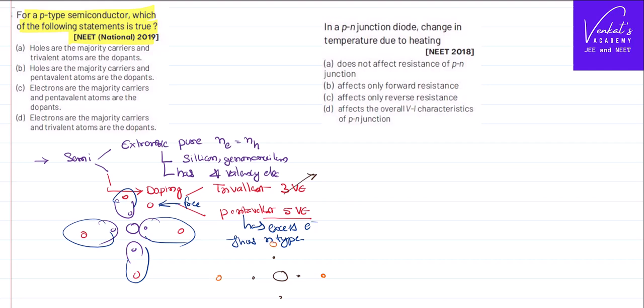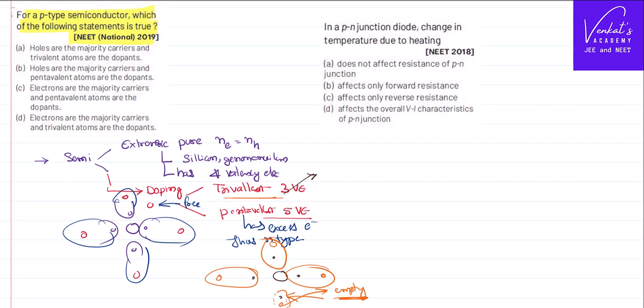These 3 will form covalent bonds with the existing pure semiconducting material. The fourth has to make a pair with somebody who is not available there. Here is an empty space. That empty space is called a hole, the absence of an electron. Thus it becomes more positive in nature, and it becomes a p-type material.